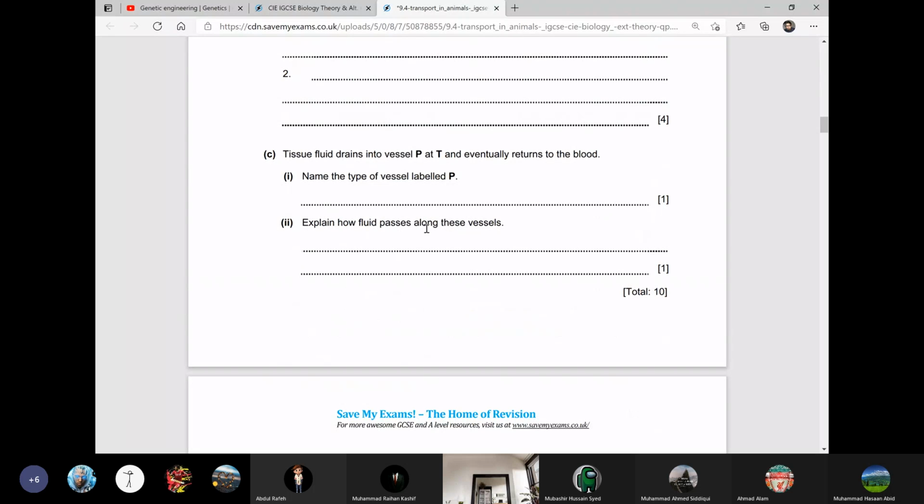Explain how fluid passes along these vessels. How does the fluid travel in the lacteals? Anyone, boys?